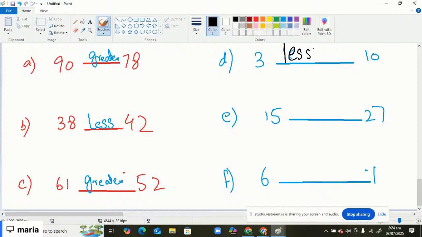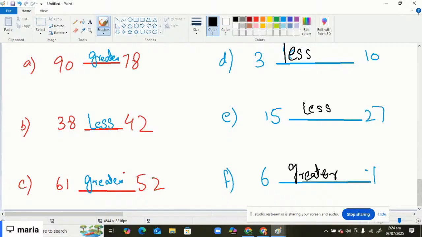Now for the E, that is 15 and 27. 15 is less than again. Now 6 and 1. 6 is greater than 1. Okay.